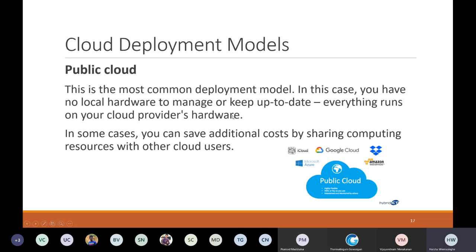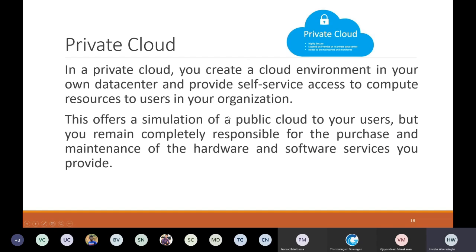The next cloud deployment model we have is a private cloud. In a private cloud, you create a cloud environment in your own data center and provide self-service access to computational resources. This can be an intranet or you can connect through the internet. Most of these private clouds use VPN software to connect.